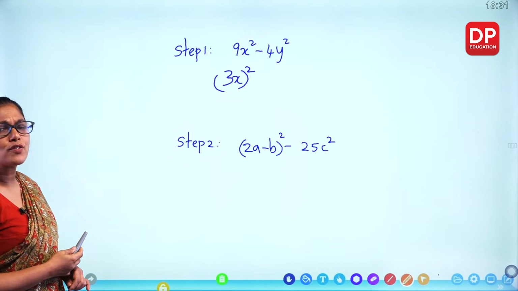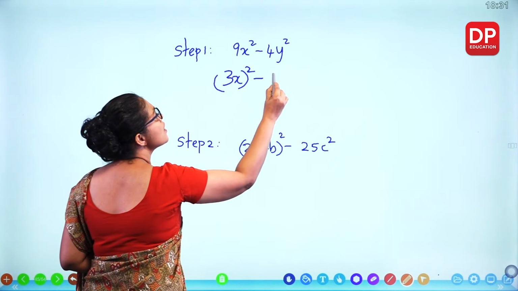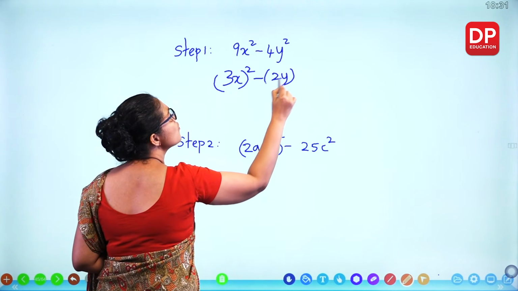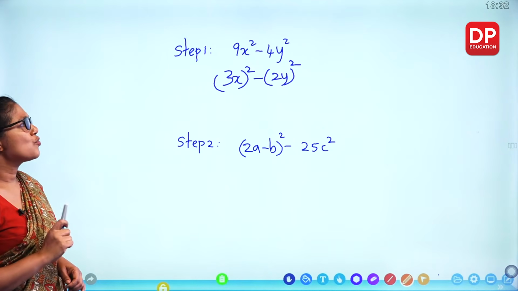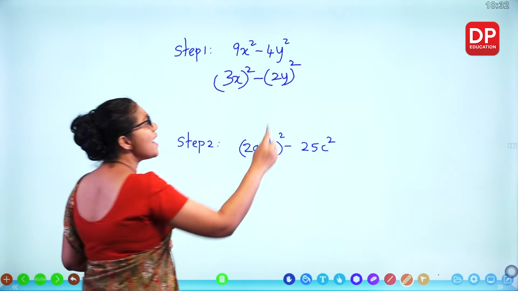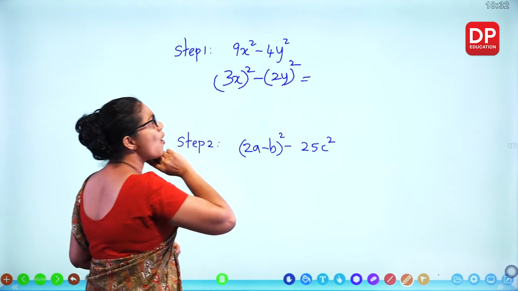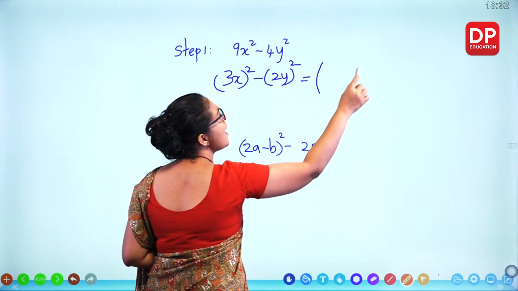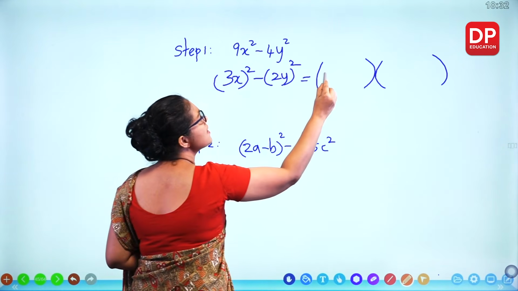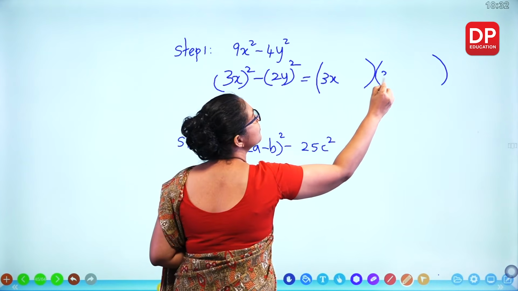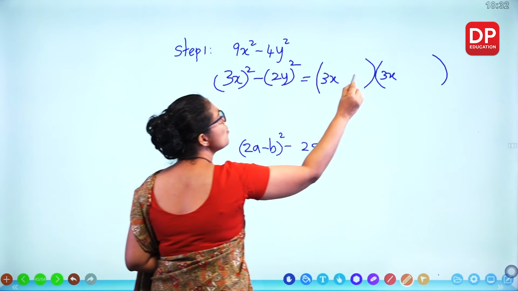What about 4y squared? We can write 2y whole thing squared. Now we can see these are a difference between two squared terms. Straight away you can use the formula. So we can write two factors. One term is 3x. The other term is 2y.